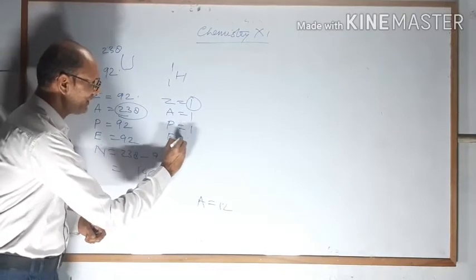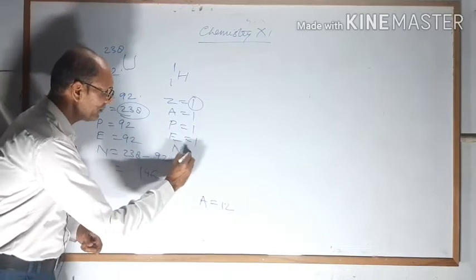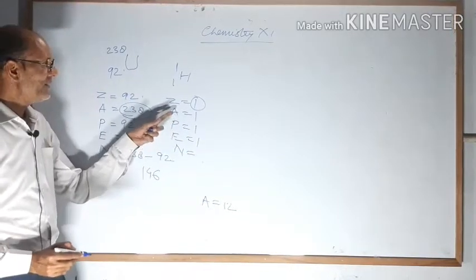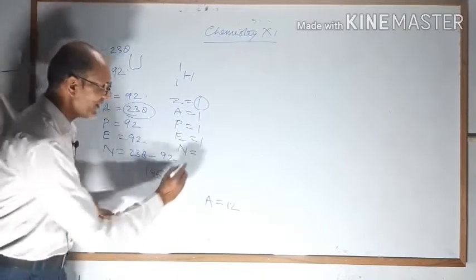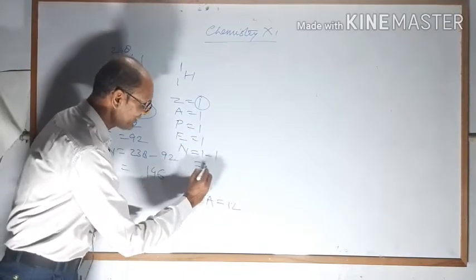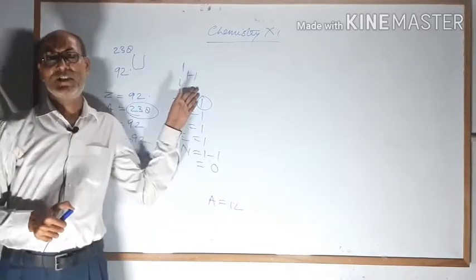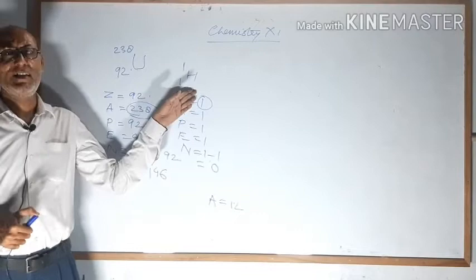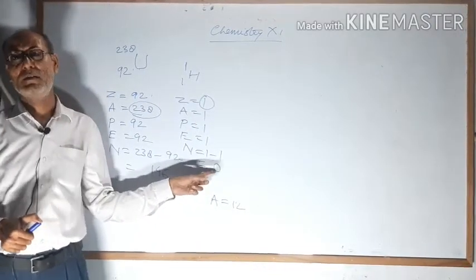Electron equals 1. And neutron, that is A minus Z, that means mass number minus atomic number, 1 minus 1, that equals 0. Keep in your mind, hydrogen 1H1 is the only element which does not contain any neutron, or has 0 neutrons.